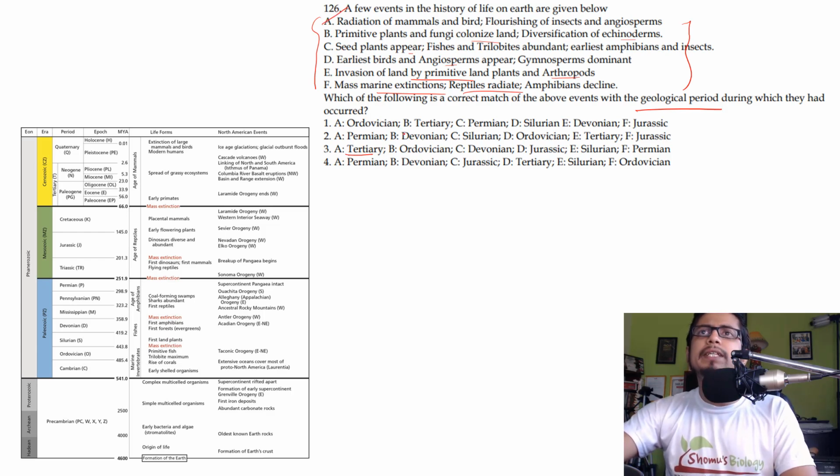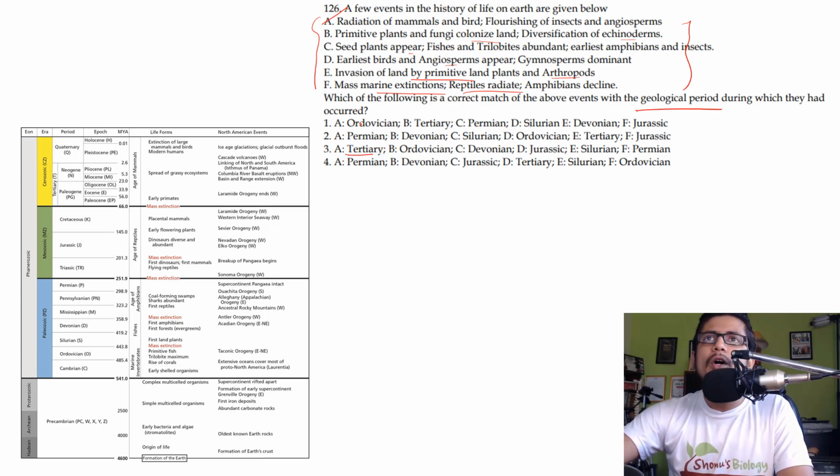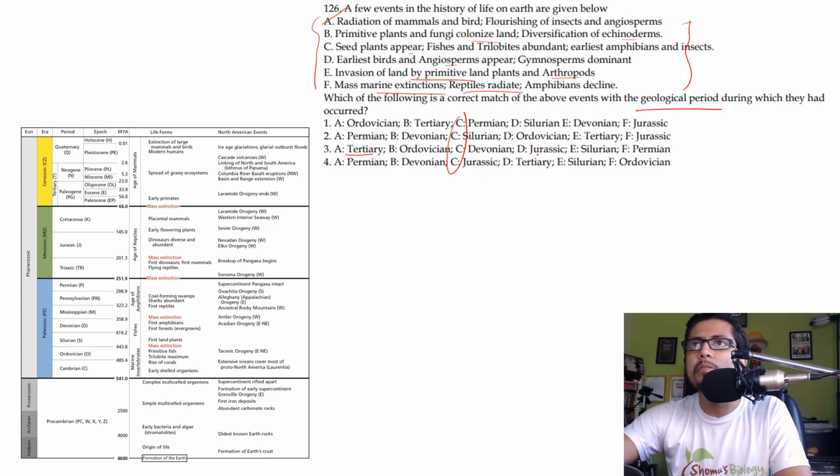One important thing is that you can see in all these statements, if you look at A, all four are different. I will teach you one way to answer this question fast. If you know one property, you can answer it. When there are so many options, find out those among A, B, C, D, E, F which are different in all the sections. For example, C is different in all the sections: Permian, Silurian, Devonian, Jurassic.